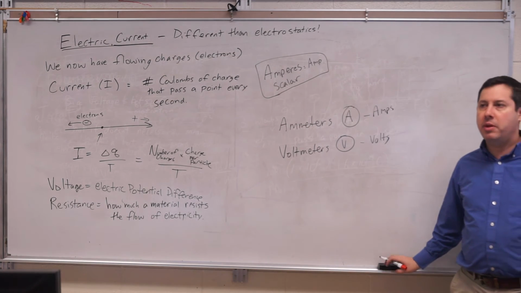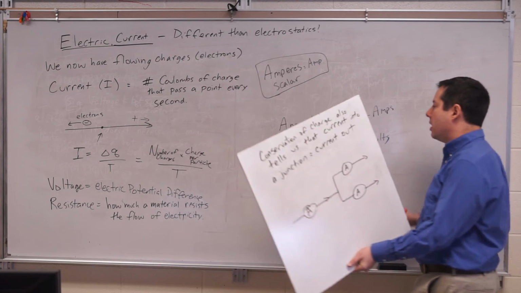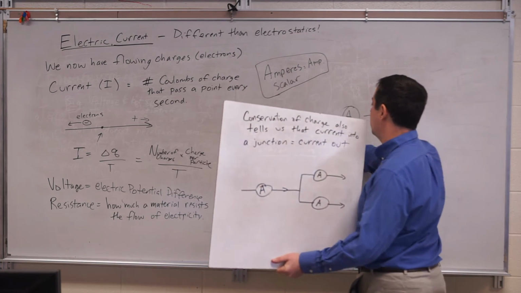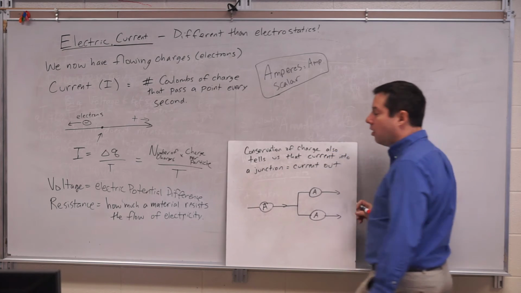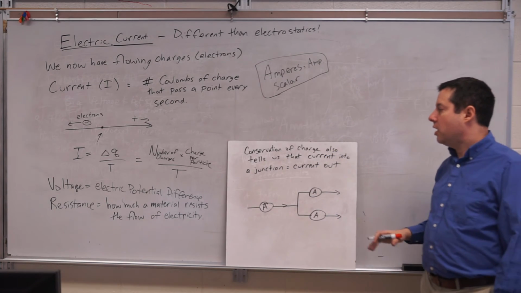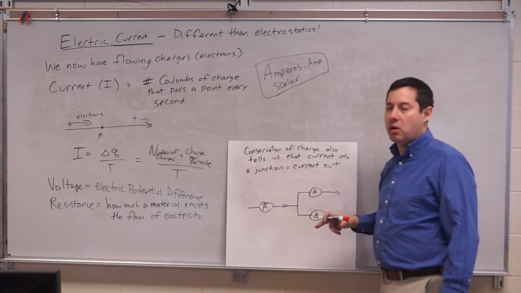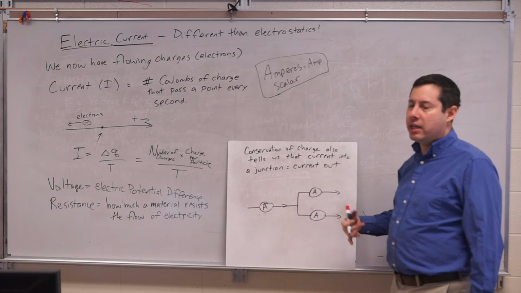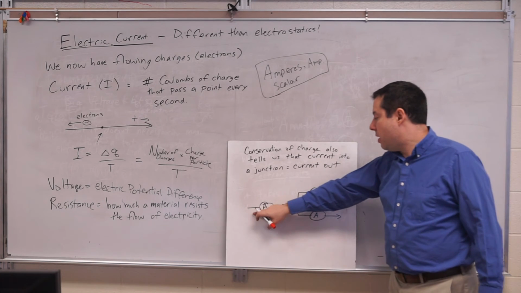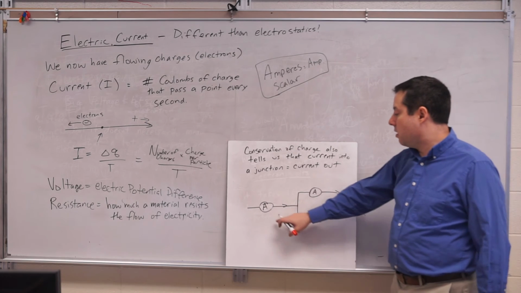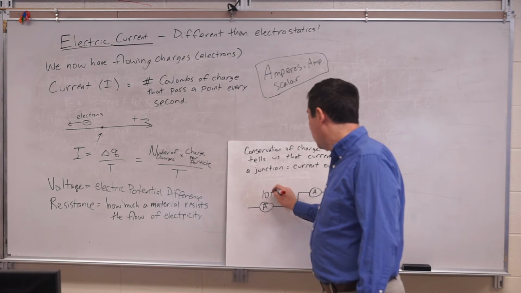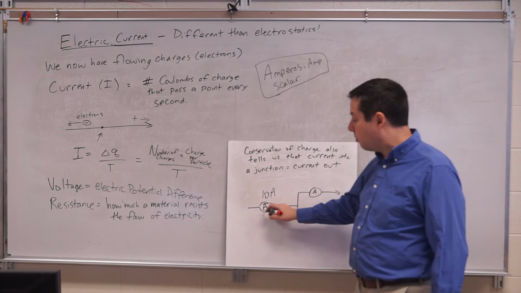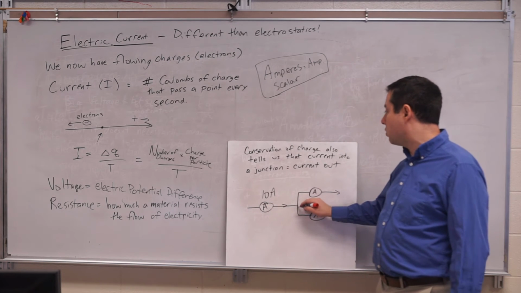There's one other thing I want to mention too, is we before talked about conservation of charge. And so we still have conservation of charge when we're dealing with electric current. And we just think of it differently. So imagine you have an ammeter here, and that ammeter measures a certain amount of current. Let's say that it's 10 amps that goes through this particular point right there, and it comes to a junction.